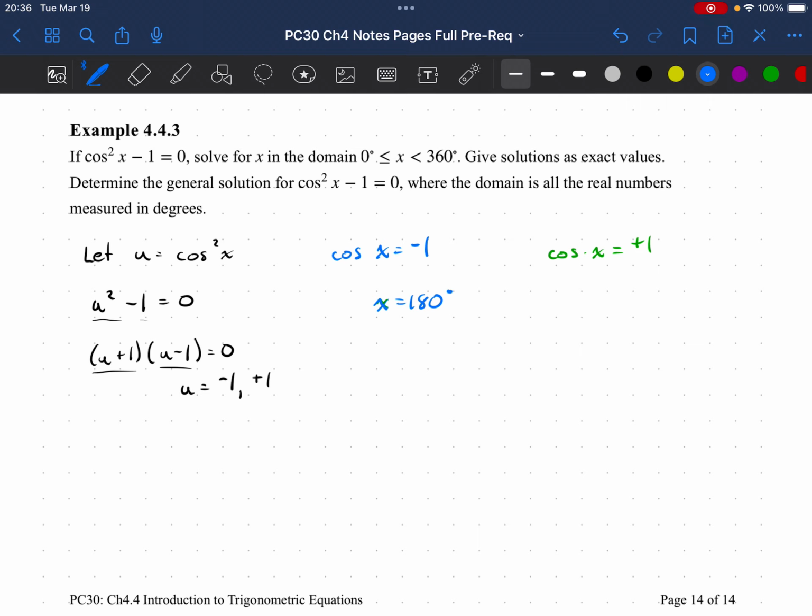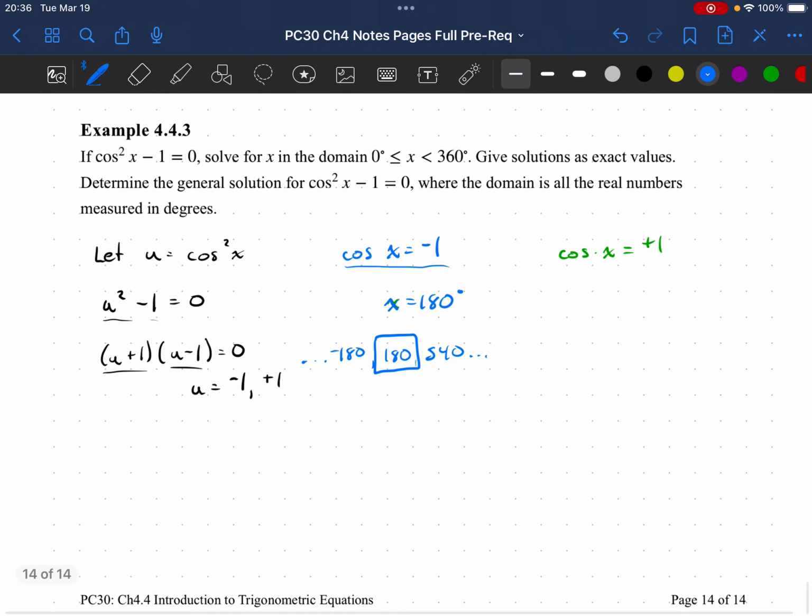Now when I look at all my angles that are coterminal with this, it would be 180, 360 bigger is 540, and 360 smaller would be negative 180. So this is the only one that's in my domain for this factor.